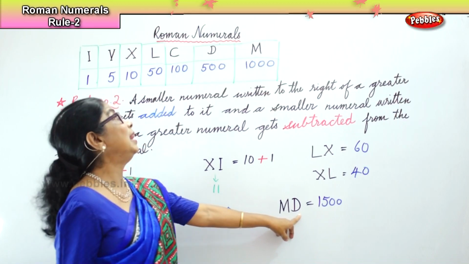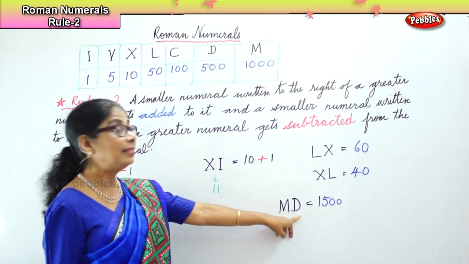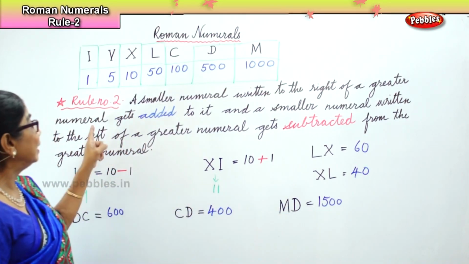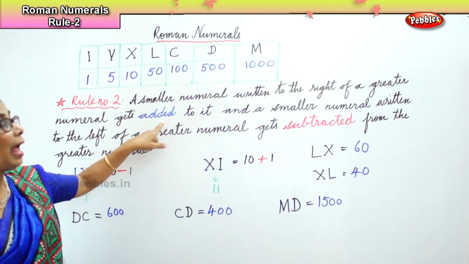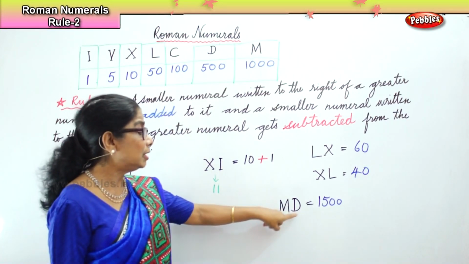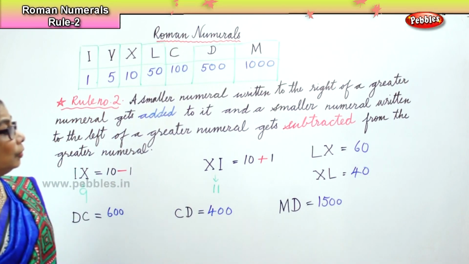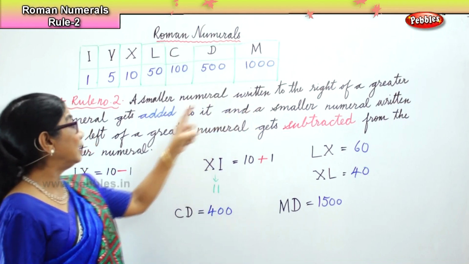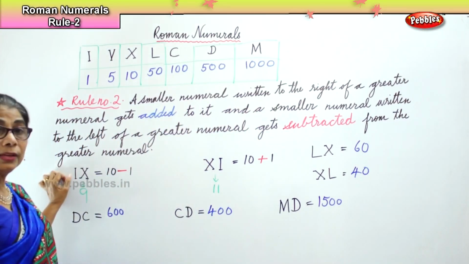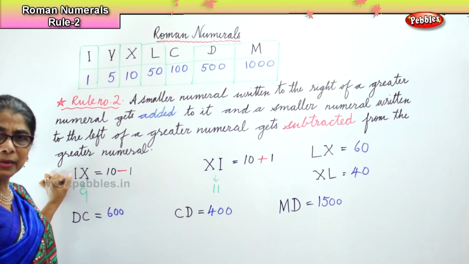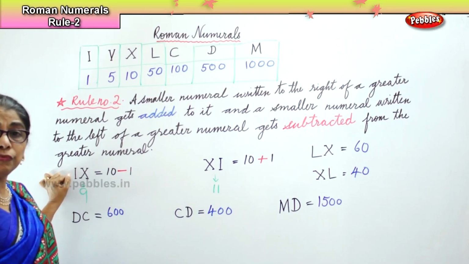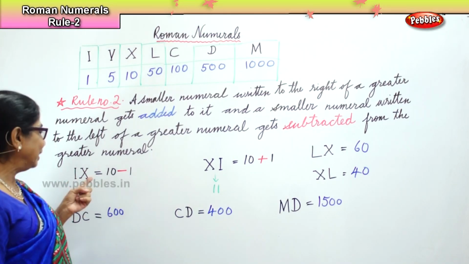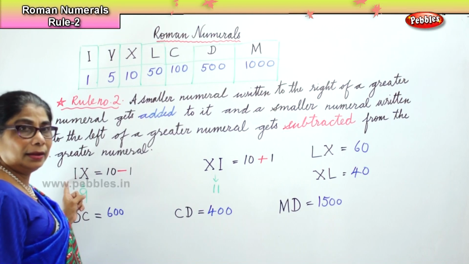The smaller numeral 500, the D, written to the right of the bigger numeral 1000, gets added to it, and so we get 1000 plus 500, 1500. In this case, a smaller numeral 1 written to the left of the big numeral 10 automatically gets subtracted, and then you call that number 9.